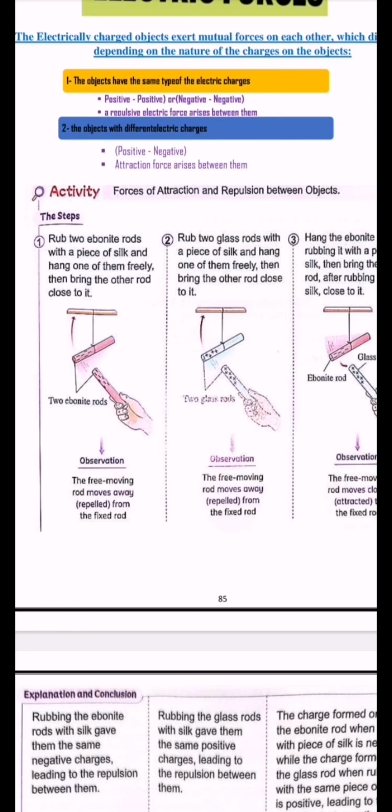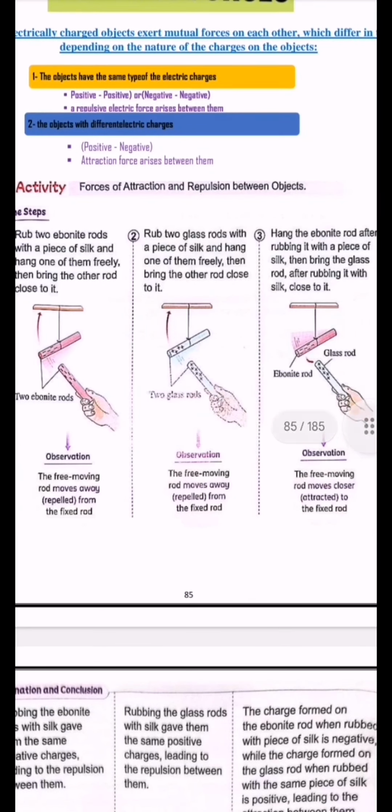If you approach one to the other, the freely suspended rod will move away from the other ebonite rod because it has the same charge. So a repulsion force arises between them. Number two, if we have two glass rods rubbed with a piece of silk, what happens?